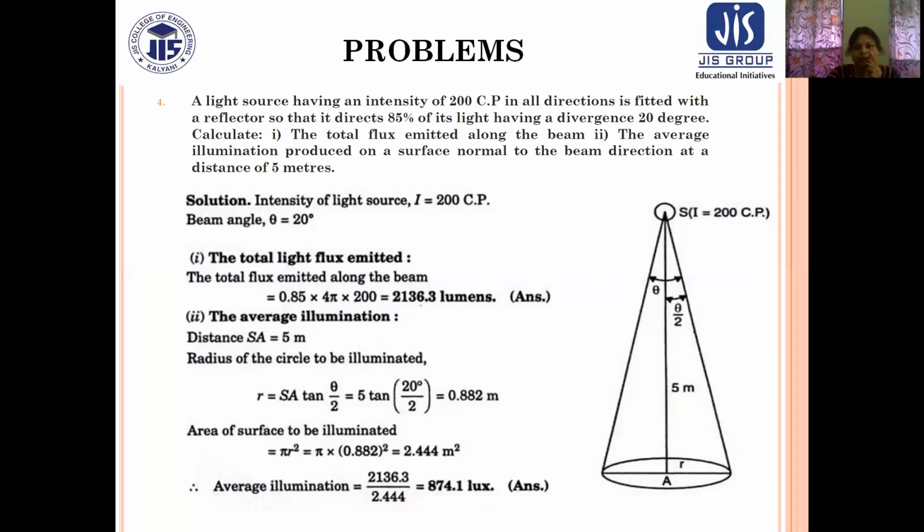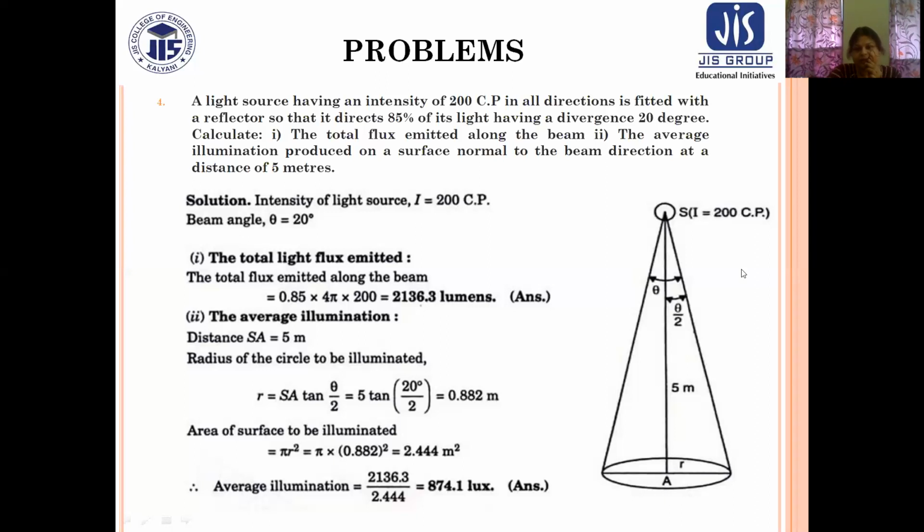Next, question number 2, part 2, the average illumination. So in the figure SA, the distance SA equals 5 meter, right? And the radius of the circle to be illuminated here is R. R equal to what?